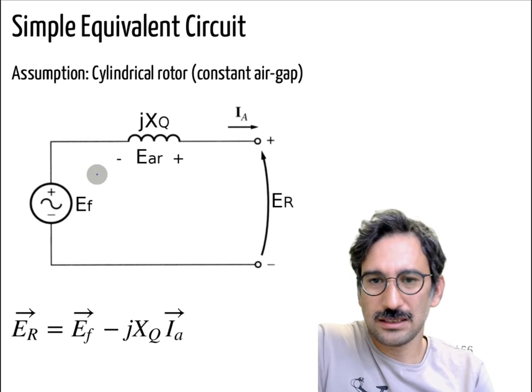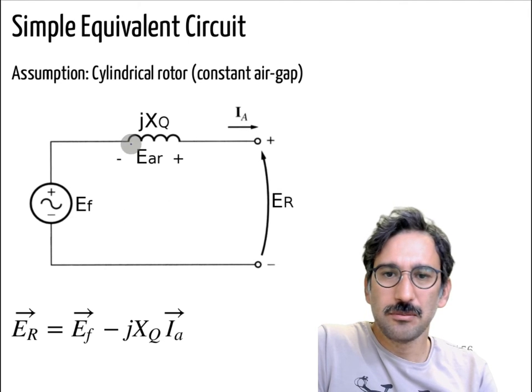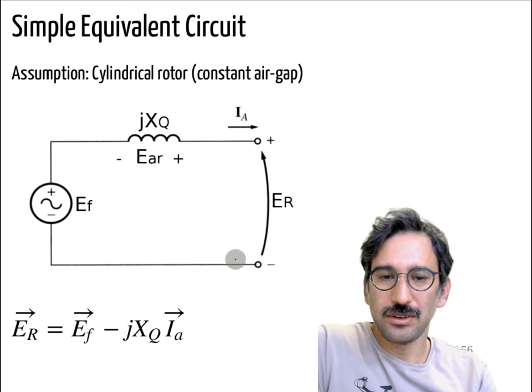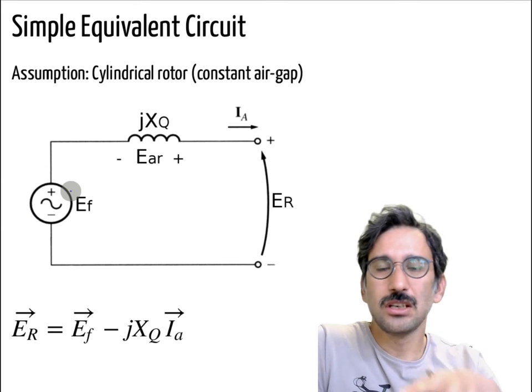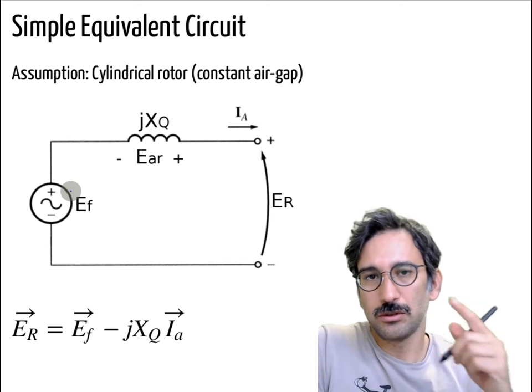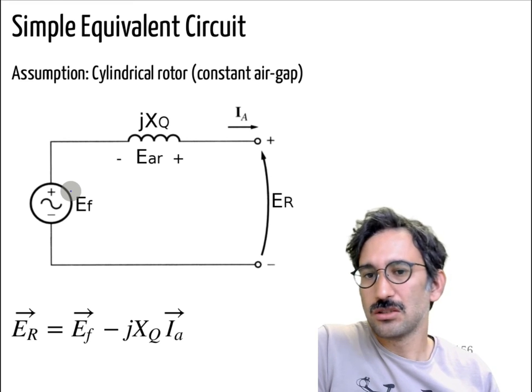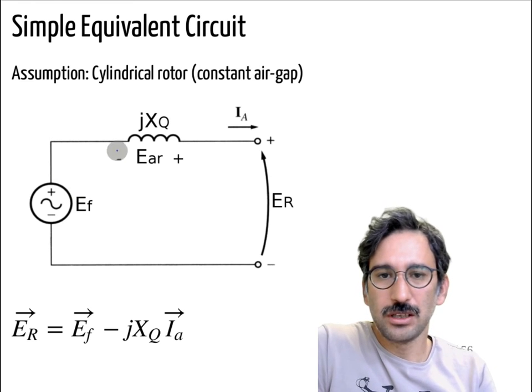Let's go step by step. If you don't draw any current, I_A will be 0, and the back EMF or the phase voltages will be equal to the induced voltage due to just the rotation of the rotor. The rotating rotor is generating a three-phase voltage, and that will be your voltage.